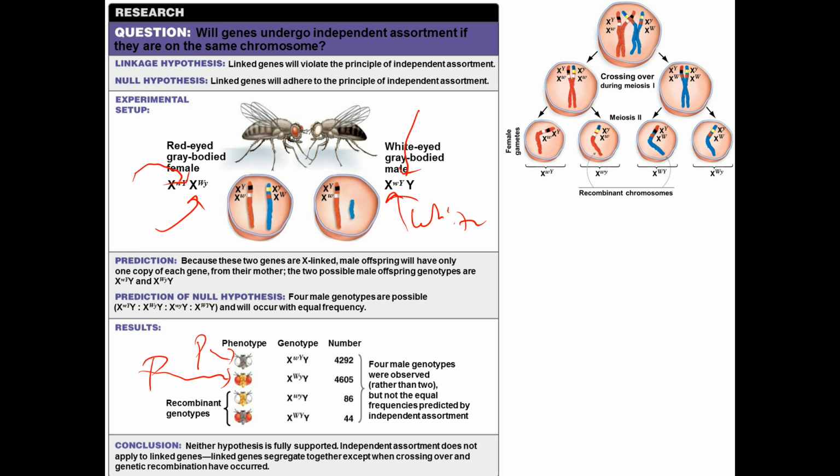So there's a disproportionality here. You would expect to see 1 to 1 to 1 to 1 if the genes were not linked. But because these genes are linked, you're seeing this disproportionality. There's a favoritism towards the inheritance of these linked genes, and there's reduced levels of recombination.